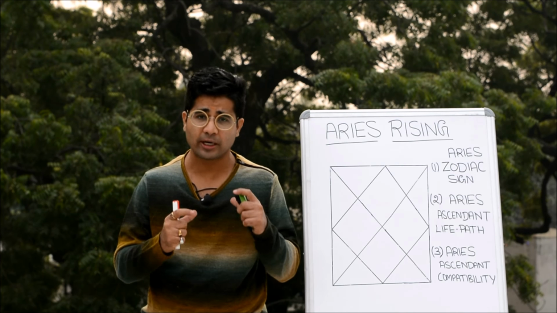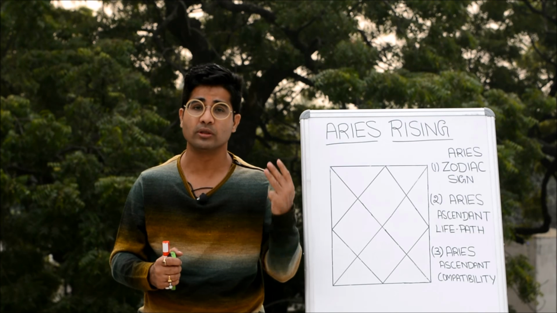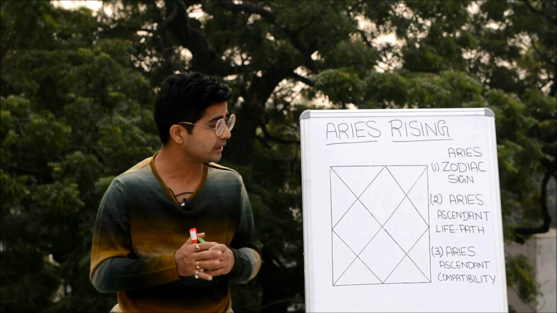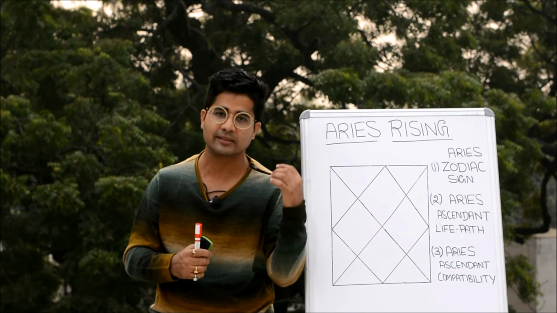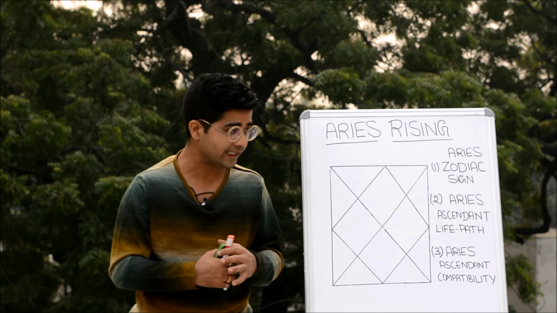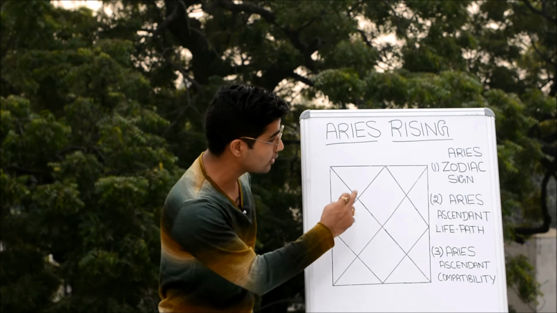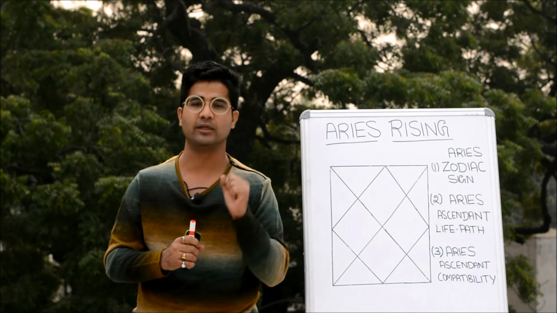In this series, we'll try to understand each ascendant, and our discussion will hover around three parameters. First, what does each zodiac sign represent, because we haven't discussed the zodiac sign separately. Second, what happens when you find that particular zodiac sign rising on someone's ascendant, and what life path we can expect of that person.